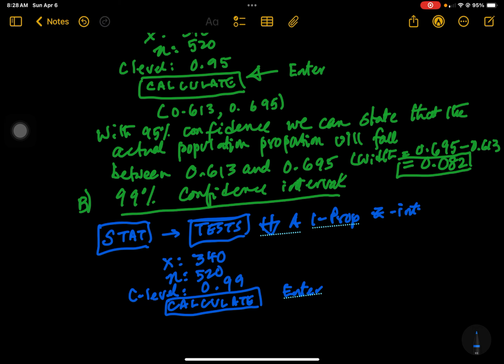Okay, now the confidence interval is 0.600 to 0.708.